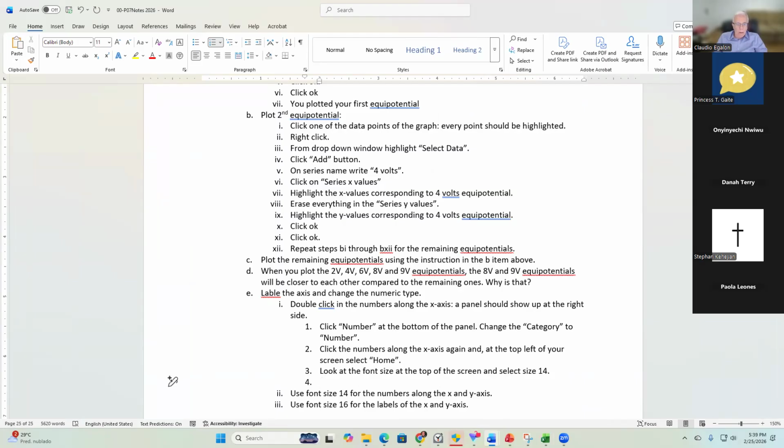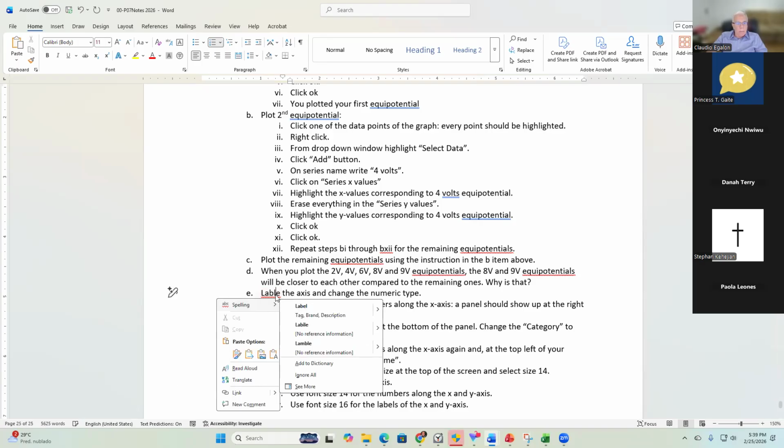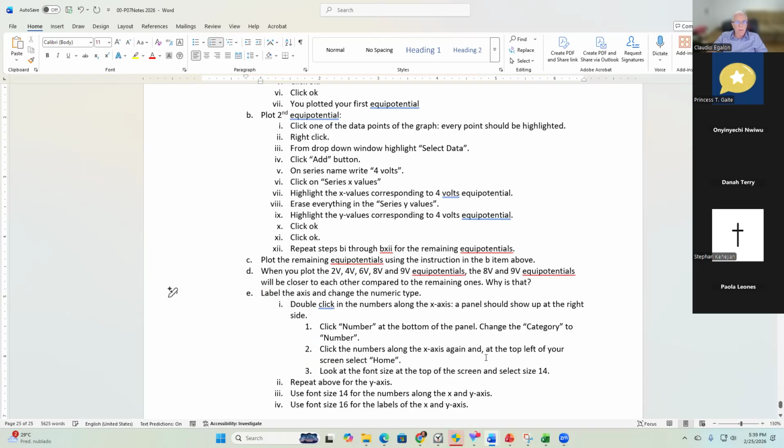Now, repeat above for the y-axis. Okay. Repeat above. Label the axis.